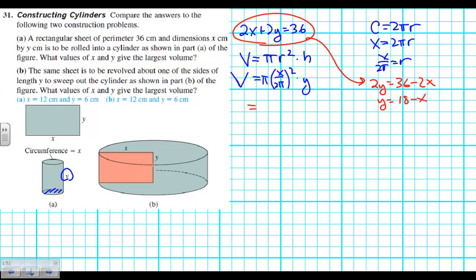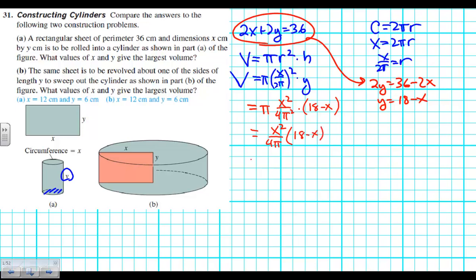So our redone equation is going to be pi, I might as well expand that, x squared over 4 pi squared, multiplied by 18 minus x. Clean that up a little bit more, I get x squared over 4 pi times 18 minus x.